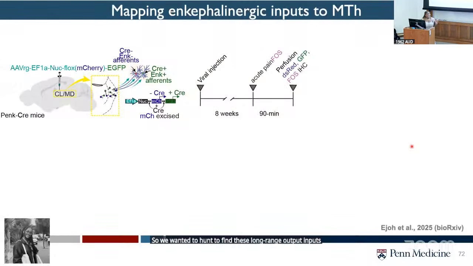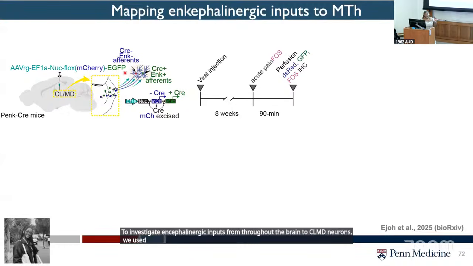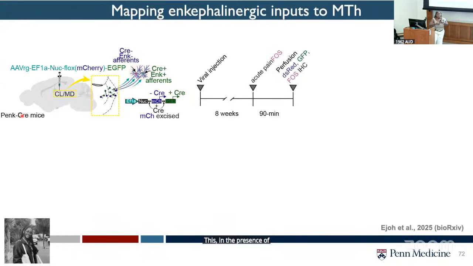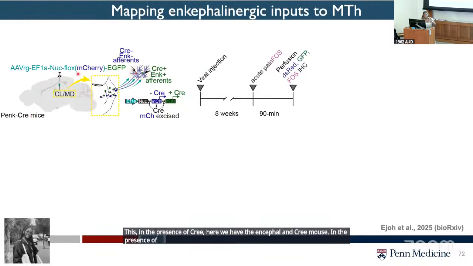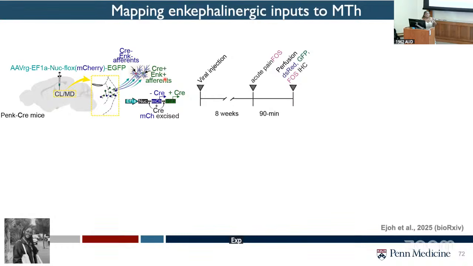To investigate enkephalinergic inputs from throughout the brain to CLMD neurons, we used a retro Cre-flipper virus. Here we have an enkephalin-Cre mouse. In the presence of Cre, the virus is going to express GFP in enkephalinergic, enkephalin-positive inputs to the medial thalamus.